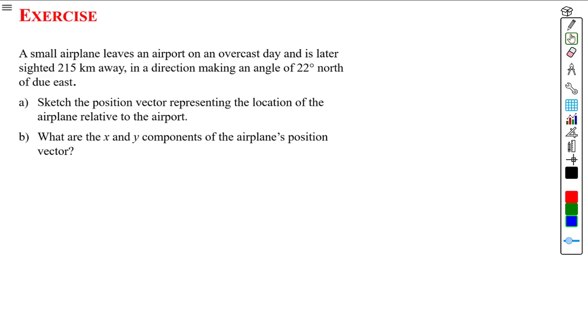Okay, so there's a bit of information here. They're giving us the position of the airplane relative to an airport. So let's go ahead and represent that position with the vector r.